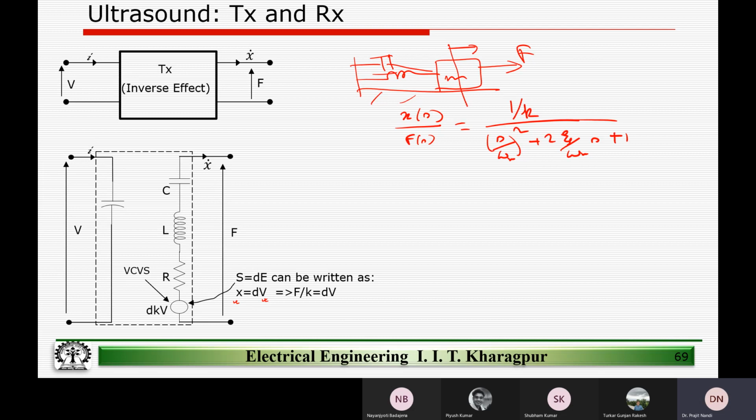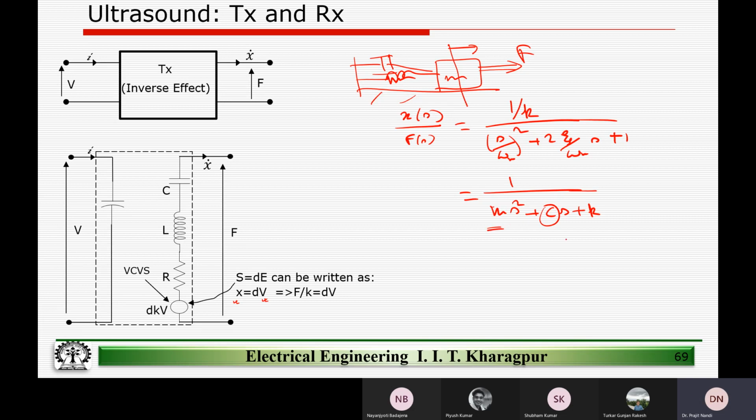And what equation did we derive this from? By simply equating the force that we are applying. If we write it in terms of the mass, the spring constant K and the damper C, this was nothing but 1 by MS squared plus CS plus K. K was the spring constant, C was the damper coefficient, and M was the mass.